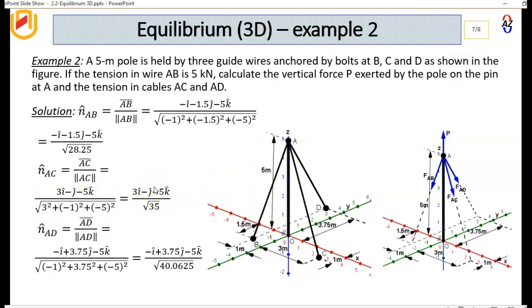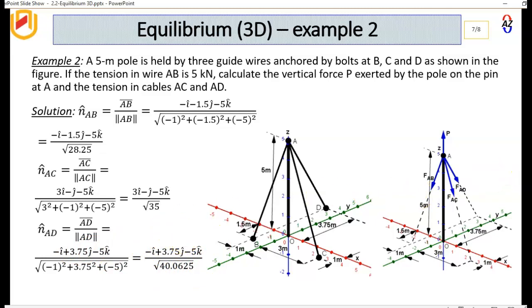Then the unit vector in the direction AD, in the x, you're going to be moving backwards by 1 meter, which is -1. In the y, you're going to be moving forward 3.75 meters. In the z is -5. Apply Pythagoras to these three numbers, and you get this. So these are the unit vectors in the three directions.